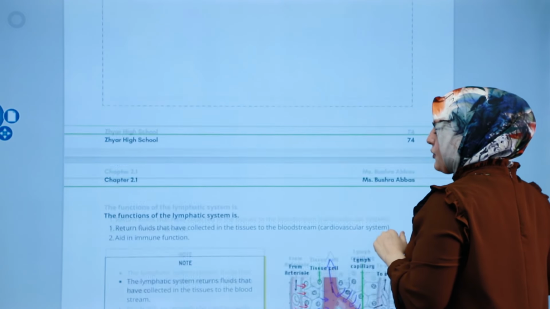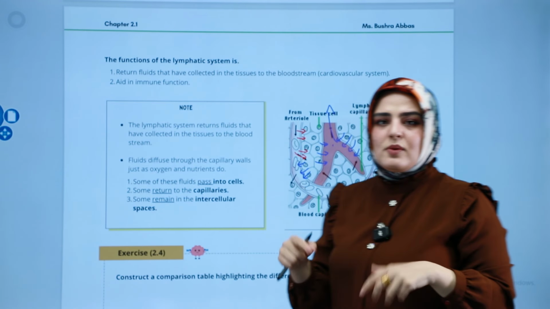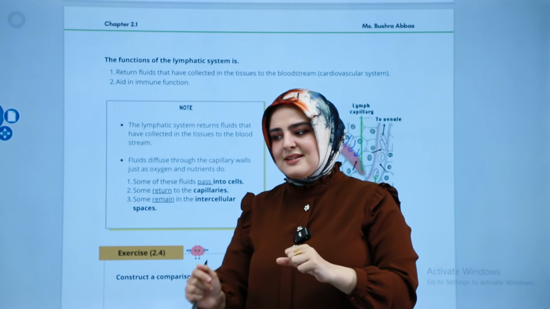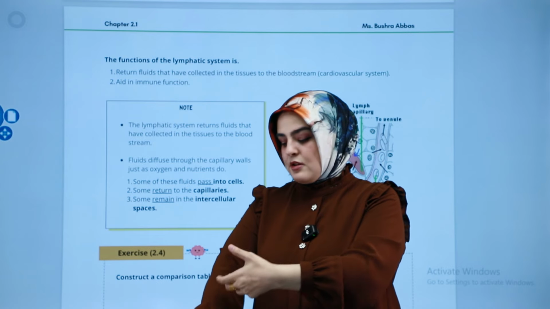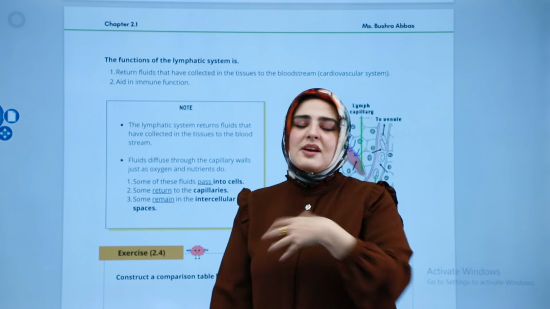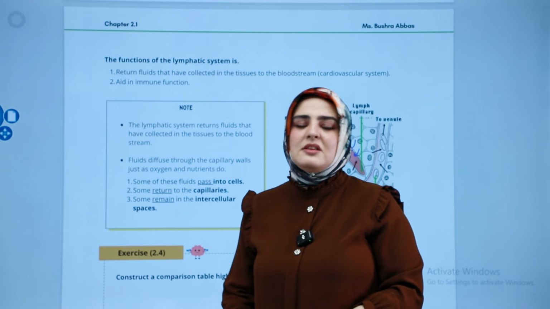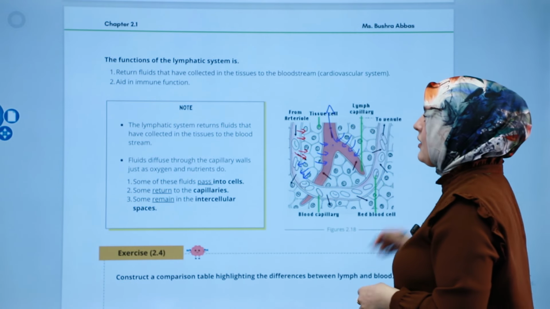And another thing, if you remember the example of the breast cancer I gave you, I said when they get surgery and they remove a breast, some of these nodes are taken from the arm. That's why you cannot inject into this arm, because the drainage system is not working the same. So we try to protect the arm where the lymph nodes were removed. That's how important they are.